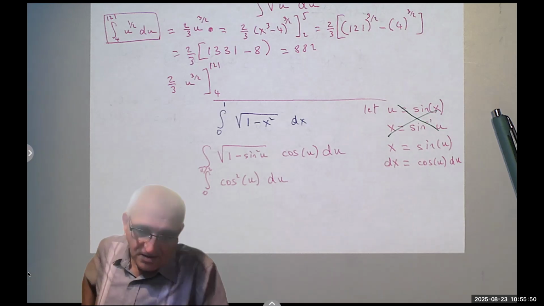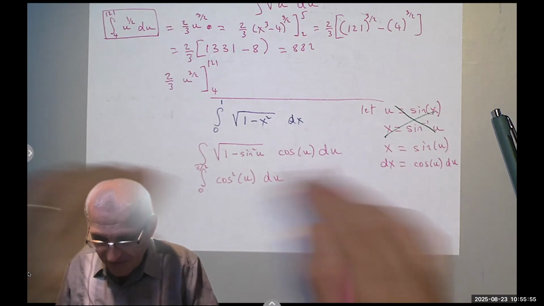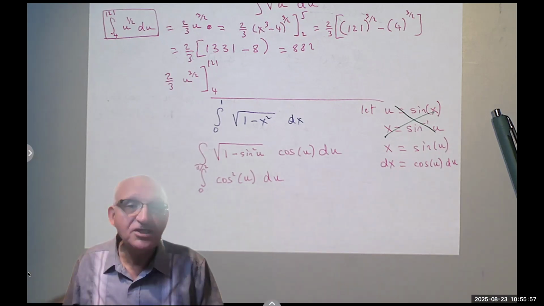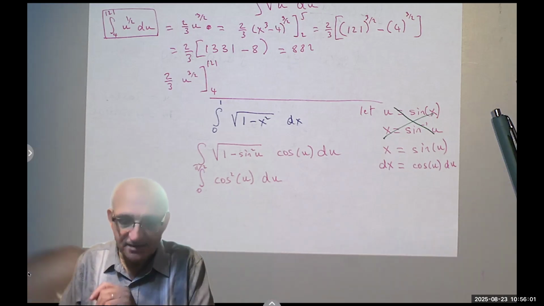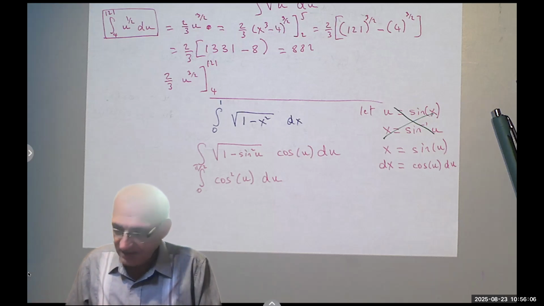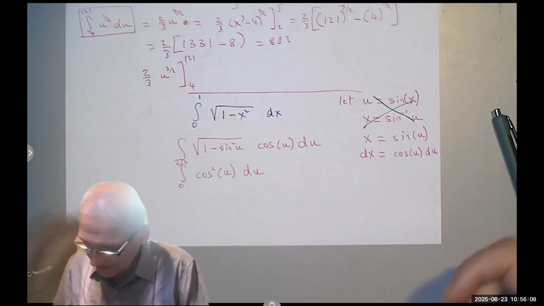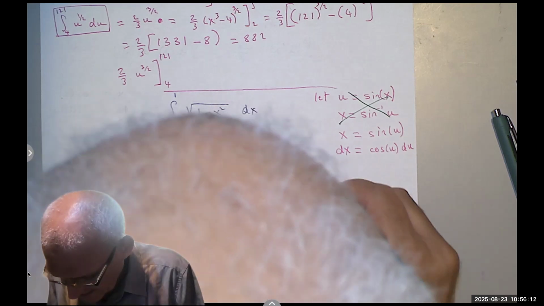So I would integrate from 0 to pi over 2 cosine squared u du. In order to integrate cosine squared, you know that we can divide it into two things, right? I know that cosine squared comes in three flavors, so to speak.